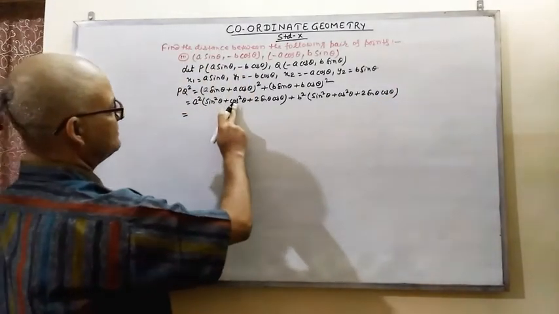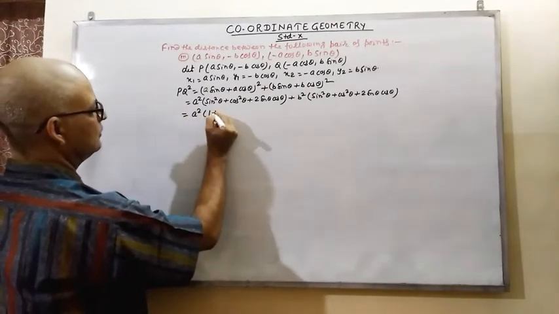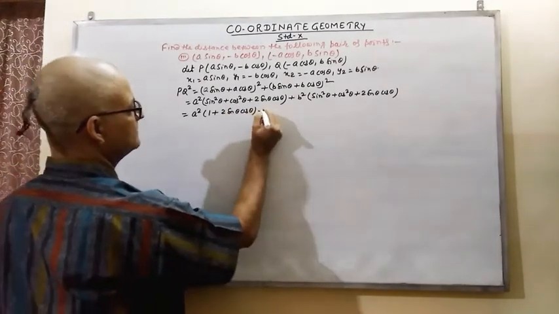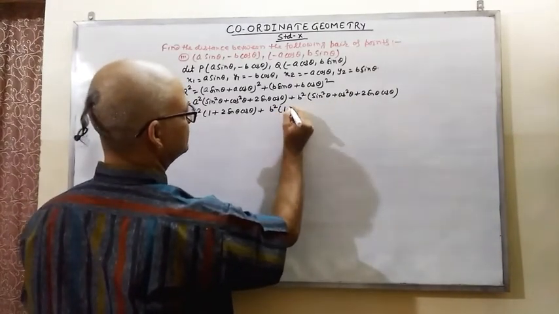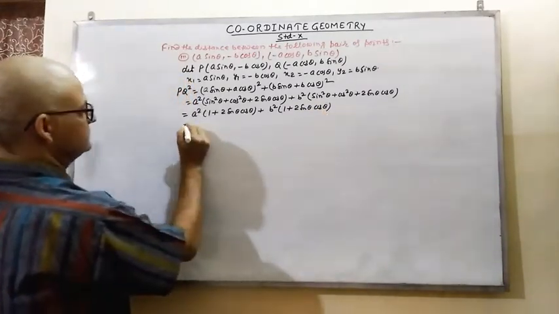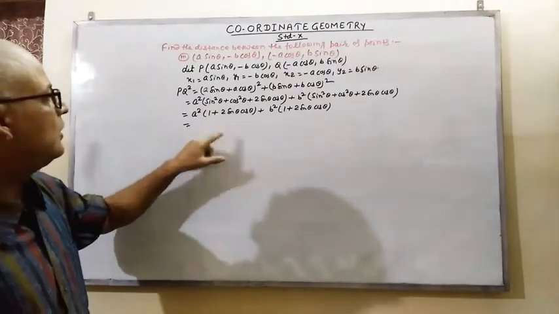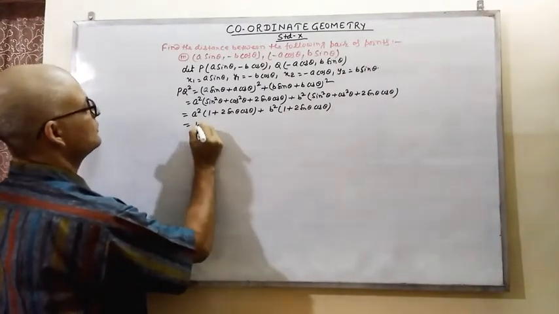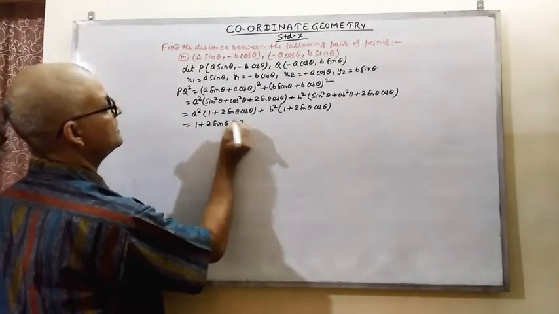Now sin square theta plus cos square theta, that is 1. So a square into 1 plus 2 sin theta cos theta plus b square, sin square theta plus cos square theta is 1 plus 2 sin theta cos theta. Now after that, either you multiply, or now you see 1 plus 2 sin theta cos theta is common.